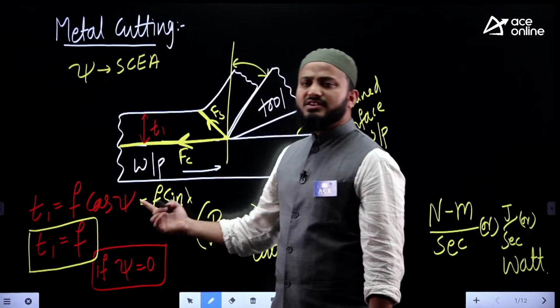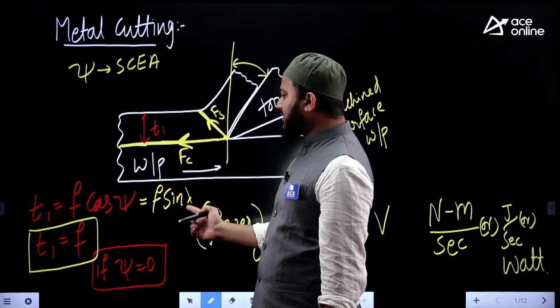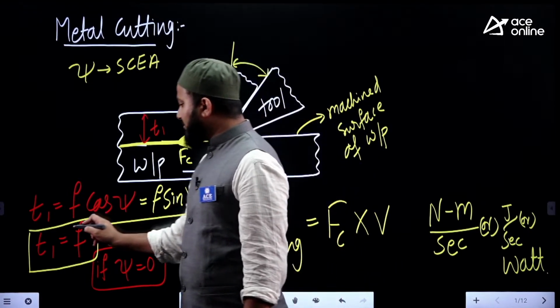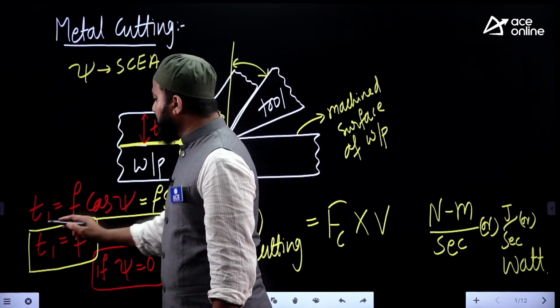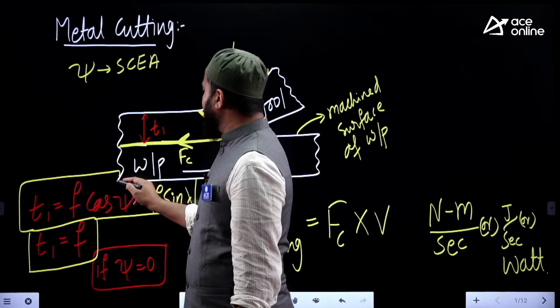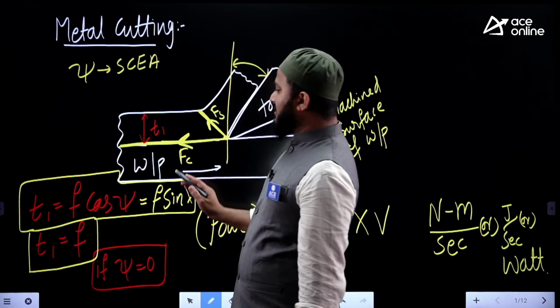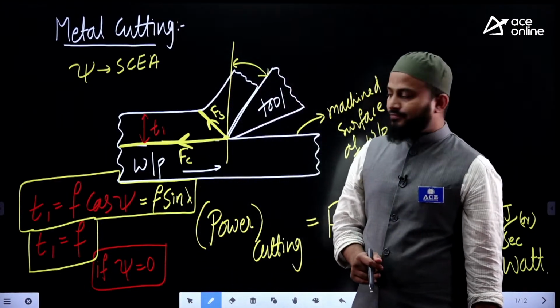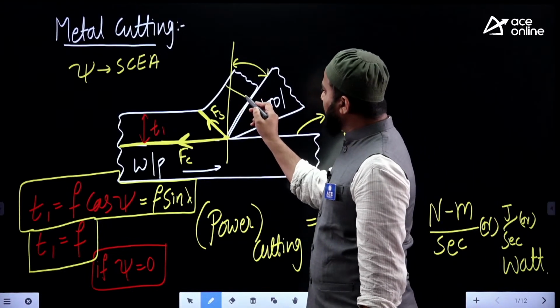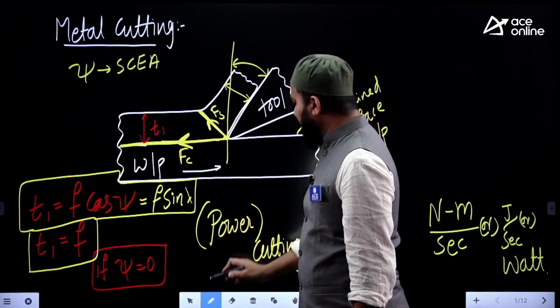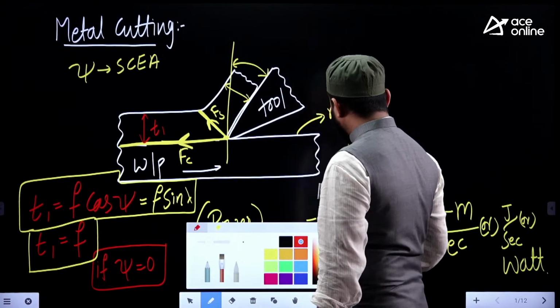Simple logic: instead of psi, if you substitute 90 minus lambda, then it will be F sin lambda. So any one of these two equations we should use to calculate the uncut chip thickness. Once you get T1, we proceed for the analysis to find the thickness after cutting, which is considered as T2.